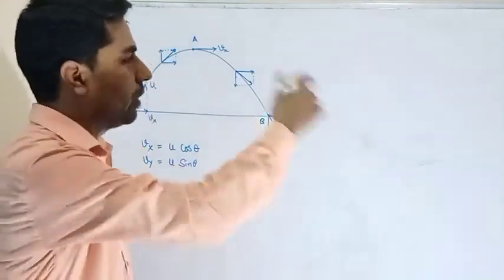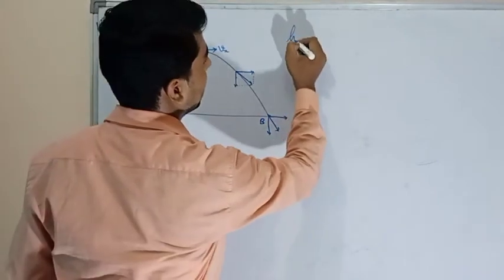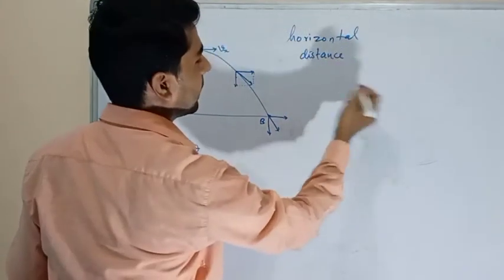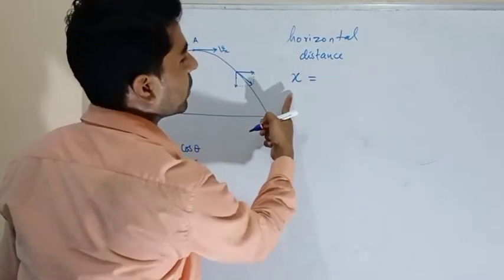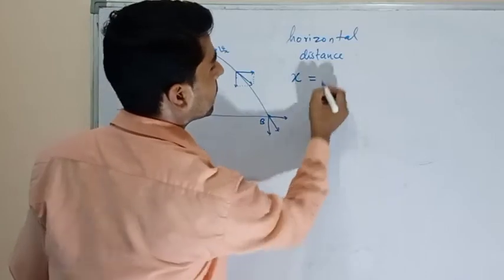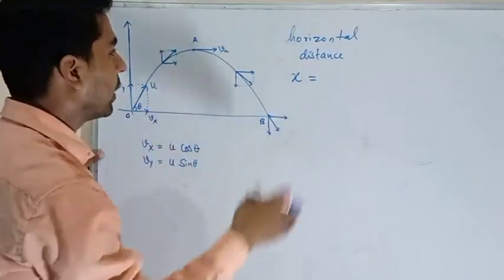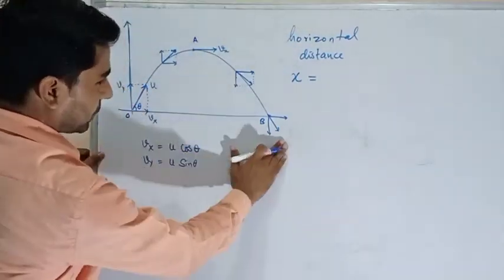So let's calculate the horizontal distance first. Horizontal distance, let x, distance or displacement is equal to velocity into time. So which velocity? Horizontal velocity, because we are not going to talk about the height, we are going to talk about the horizontal side, this way.